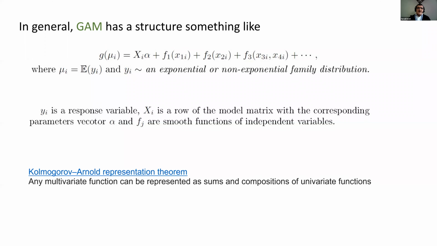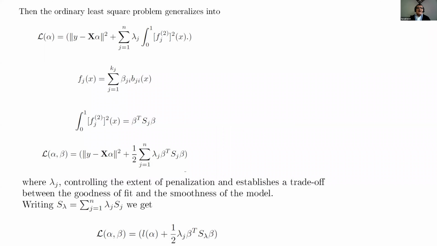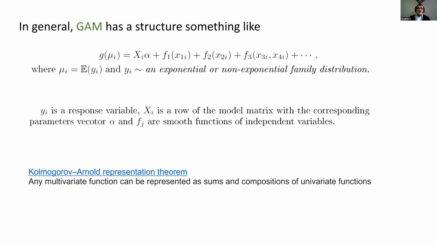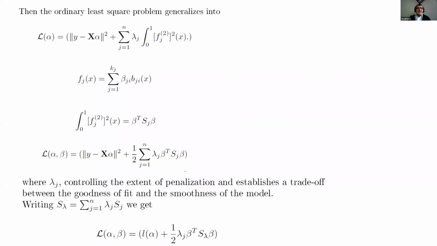The f and g functions are called smoothers, and then, taking everything into account, the ordinary least squares problem generalizes into L of alpha. Alpha is the parameter for the linear part. There are also other parameters, as we will see, and because of that we sometimes call these semi-parametric models.